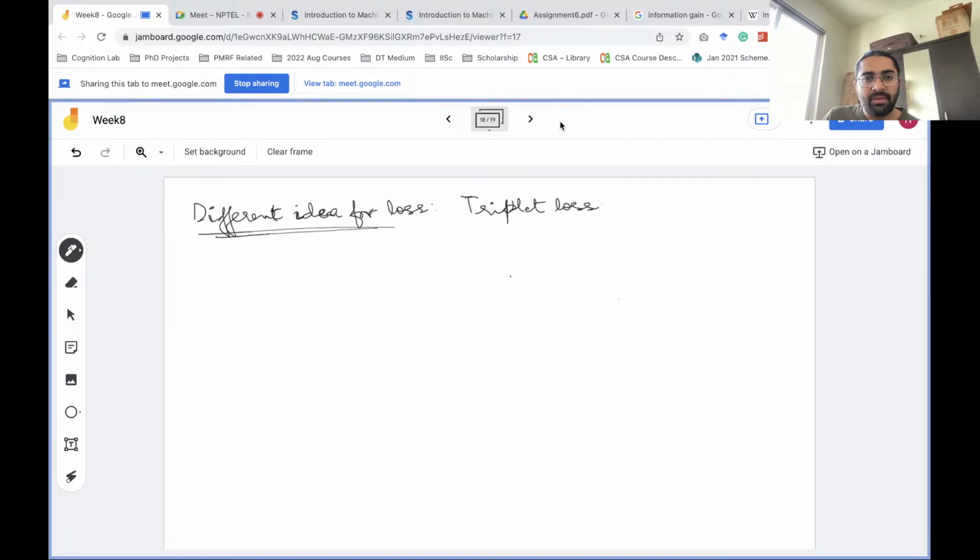Okay, one-shot learning. The idea was that, let's say you train a model to look at dogs versus cats. You train the model using some sort of cross-entropy loss or whatever, and you learn how to differentiate dogs and cats.